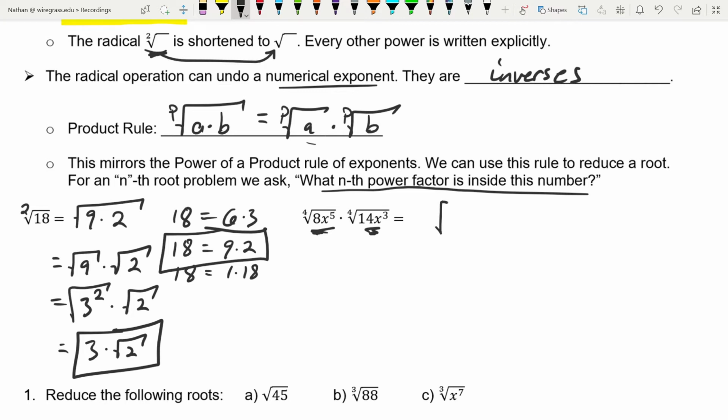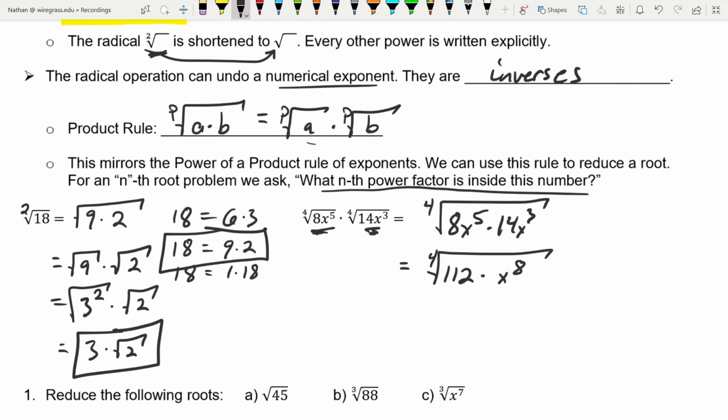So I want to combine these two things in one radical. We get 8x to the 5th times 14x cubed. 8 times 14 gives us 112. X to the 5th times x cubed, like bases multiplying, so we get x to the 8.